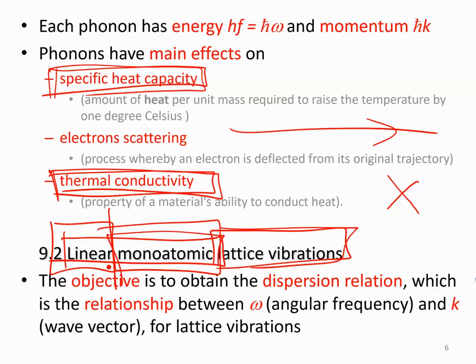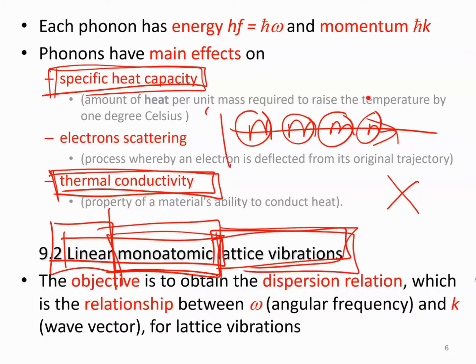And then monoatomic means that it only has one type of atom with the same mass. So if the first atom is M, then the second atom is also M, the third atom is also M, same mass. Okay, then we have to know the lattice vibration for this model. So the objective for this section is to obtain the dispersion relation, which is the relationship between omega, the angular frequency, which represents energy, and K, the wave vector, which represents the momentum.